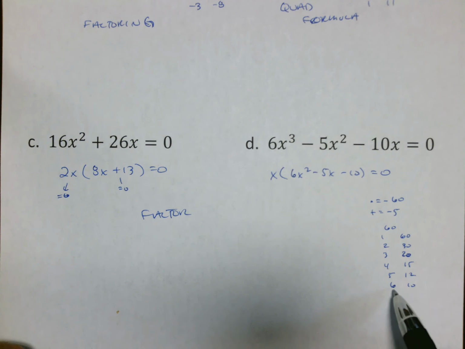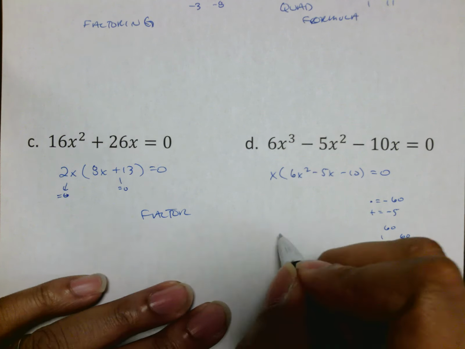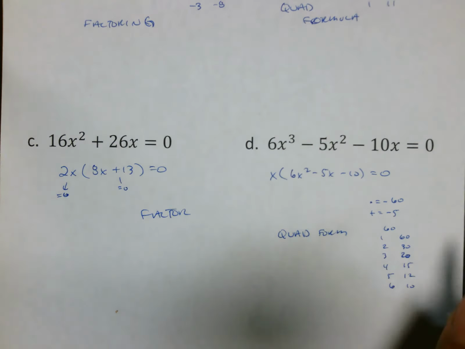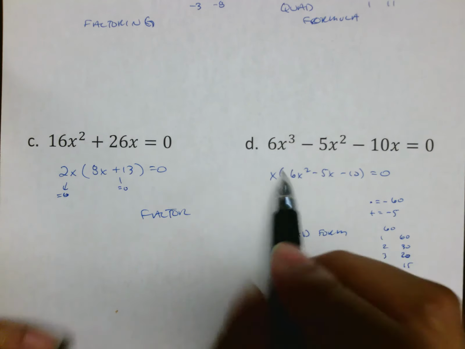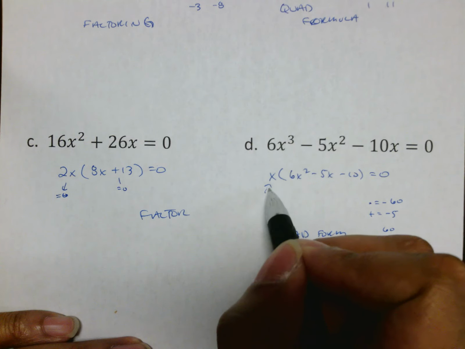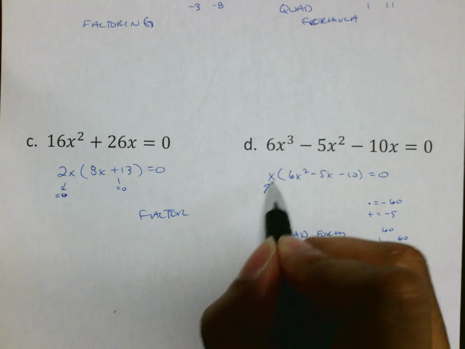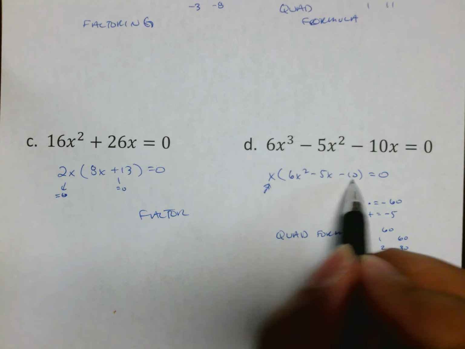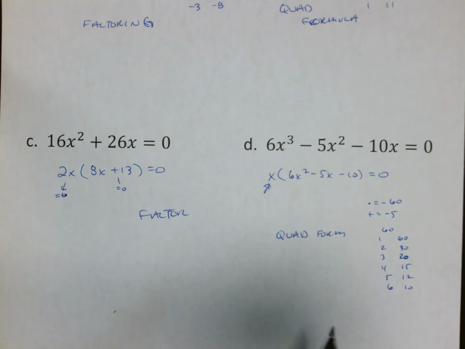None of these make 5. That's 4, that's 7, and so therefore this is probably quadratic formula. So again, one of your answers is going to be 0, obviously, because of that x factor, which means that you would have x equals 0, but you would actually use a quadratic formula to determine what this is to get your answer.